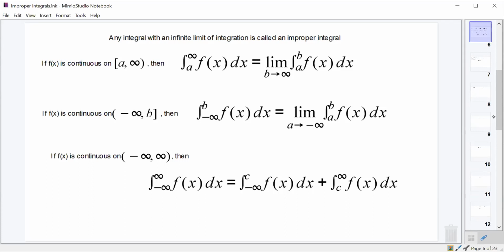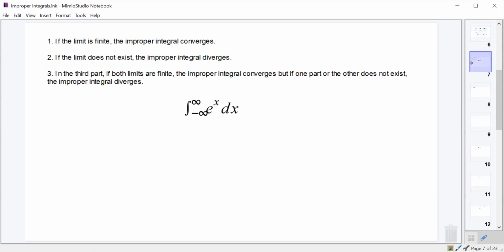Okay, so what we will then say is that if the limit that we find, and we're going to start with doing this one for e to the x, if the limit that we get is a finite value, then it means that the improper integral converges. Okay? If the limit that we get doesn't exist, we say that the improper integral diverges.